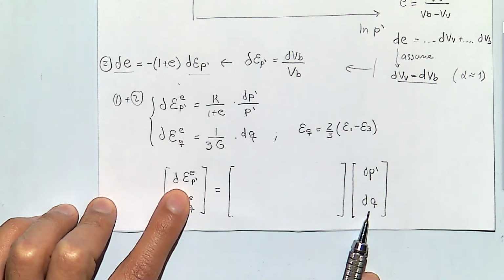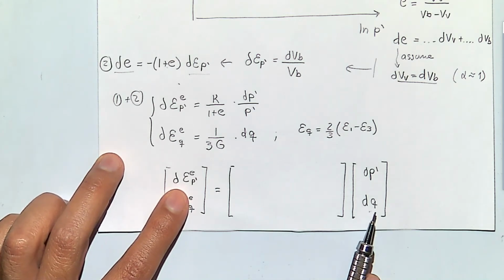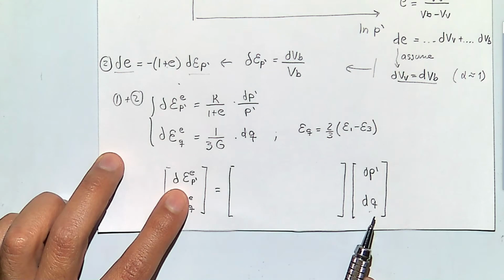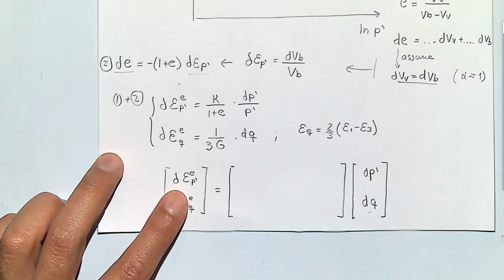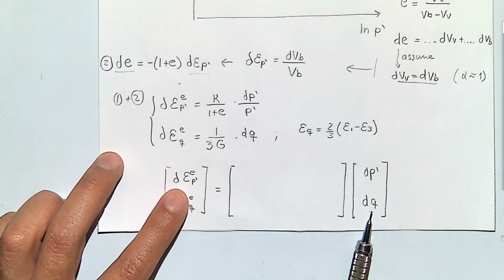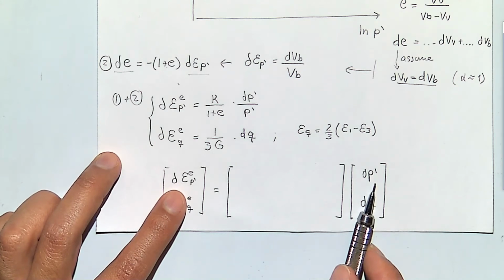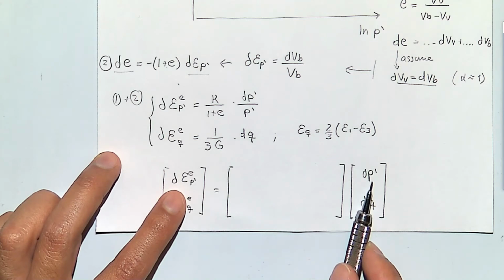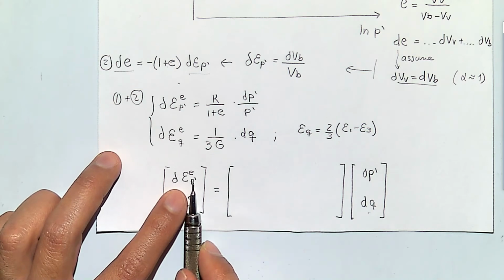And the answer would be no. Because if you change the deviatoric stress, but the mean stress doesn't change, then you're not going to have any change of volumetric strain.